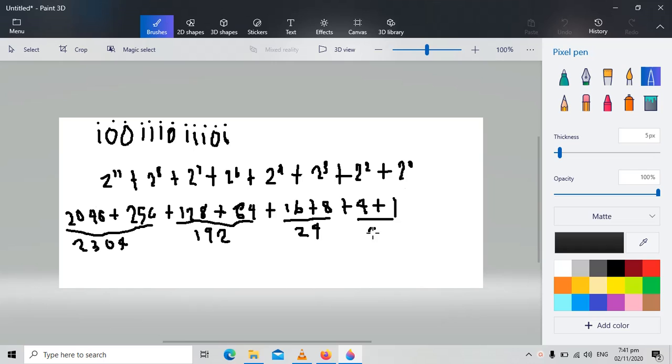And 4 plus 1 is 5. Alright, now we have all the answers here in the values. Let's try to add the answers from the added values.